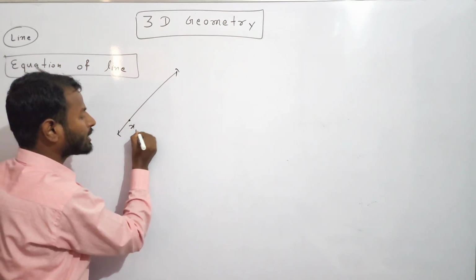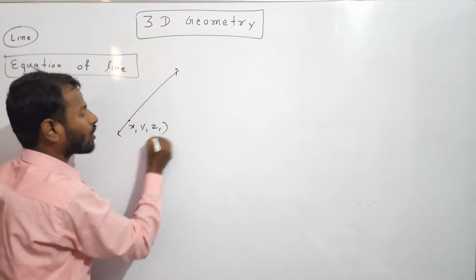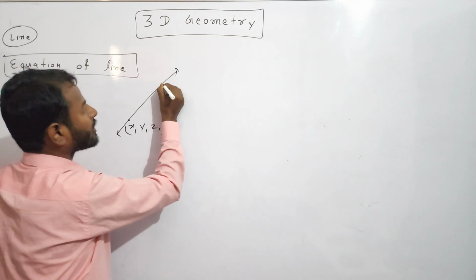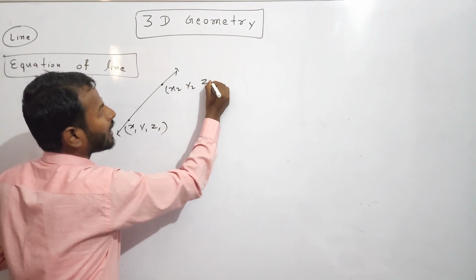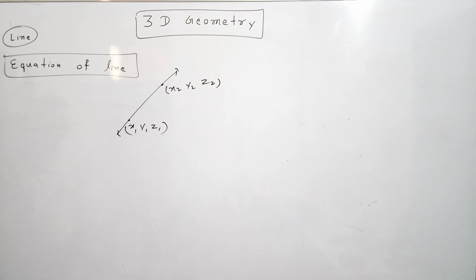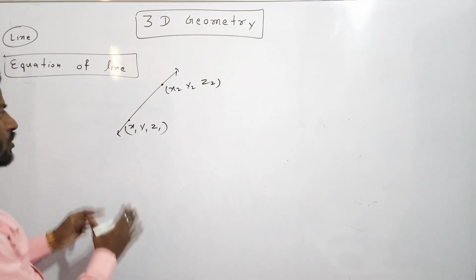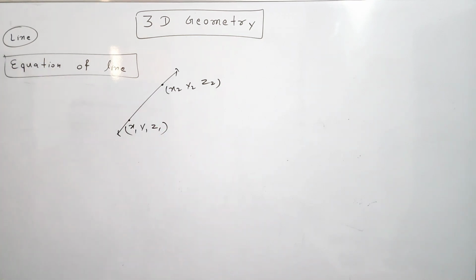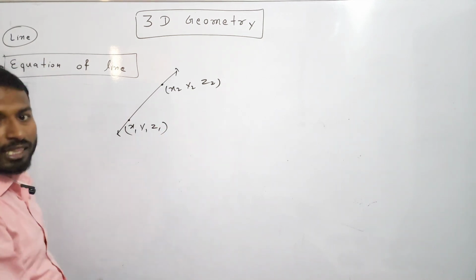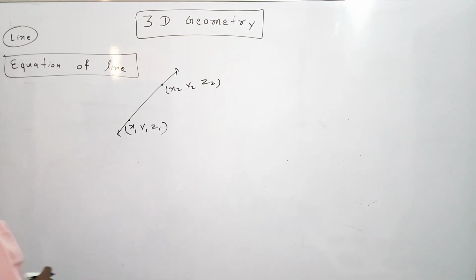Let's say the first point is x1, y1, z1, and the second point is x2, y2, z2. So how to find the equation of the line? Whenever two points are given, no need to worry, we apply the same method as before.